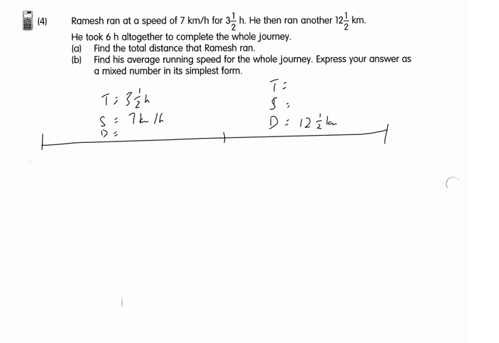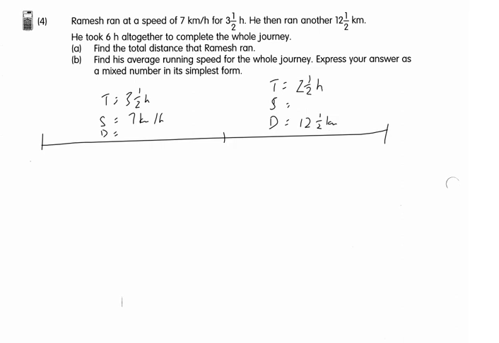Since we know he took 6 hours altogether to complete the whole journey, how long did he take for the second part, Elliot? Two and a half hours. Do you all agree with him? Yes, because 6 minus 3.5 gives you 2.5 hours.